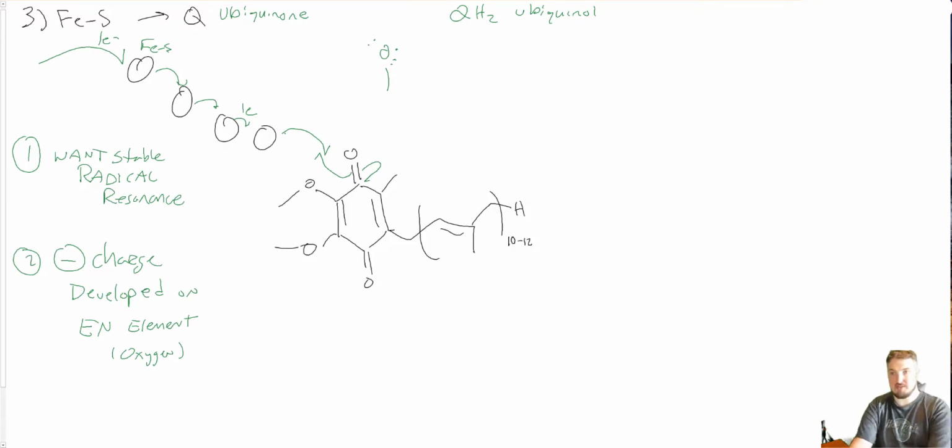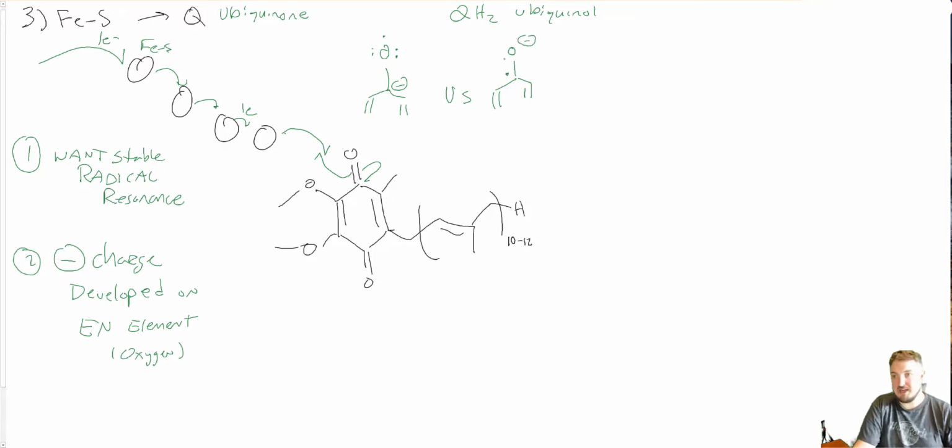Let me redraw this so it's a little neater. There's our radical. We would have a carbon with a negative. We, of course, could delocalize that charge, but the electronegative element wants the negative, right? So we could also have placed it with a radical here and a negative up there.